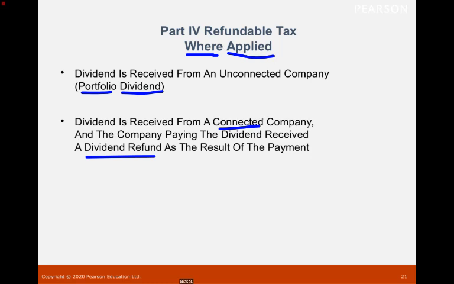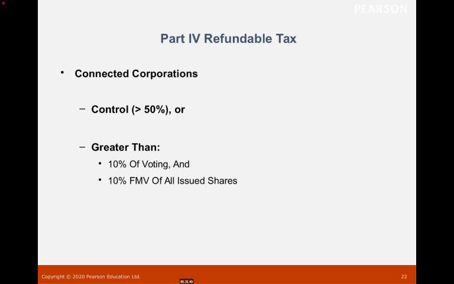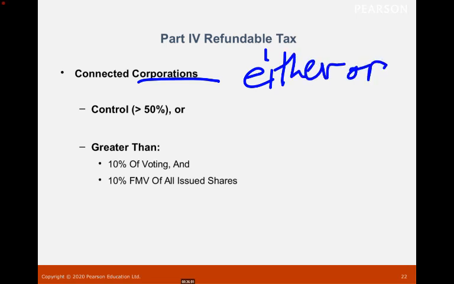So let's take a step back here and define this connected company. What we're talking about here is corporations, of course. So a connected corporation is a controlled corporation, is one example. So this is an either or. One or the other.